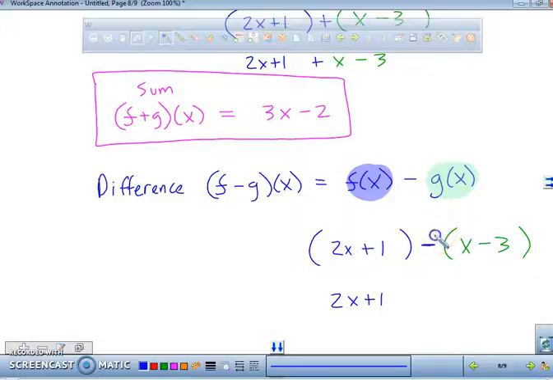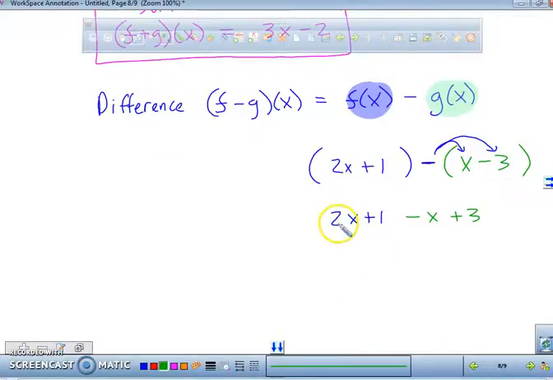So if we're in parentheses, we got to take that negative and distribute it to what? Not just the x, but also to the 3, so we're going to have a minus x and a negative times a negative makes a positive. So now we can combine like terms. So we have 2x, and we got to take away an x, and that gives us just an x. And then you got a 1, and you got to add a 3, and that gives us 4.